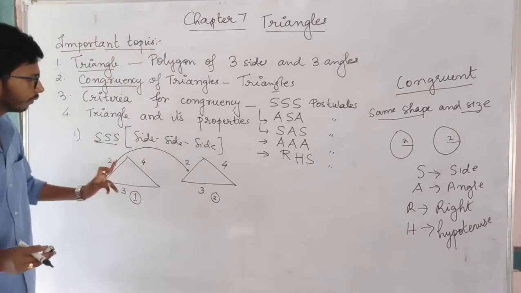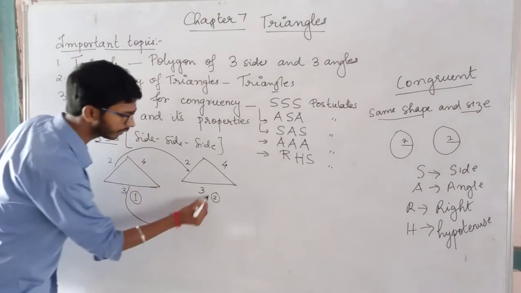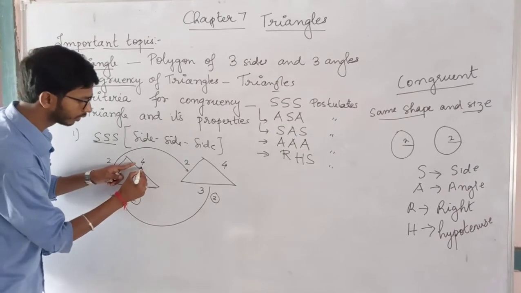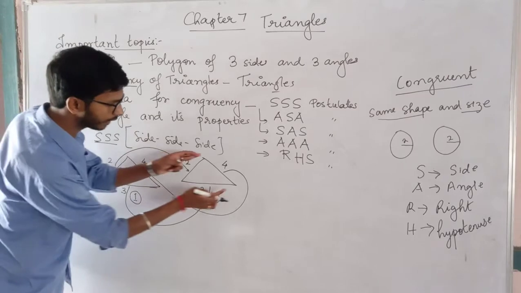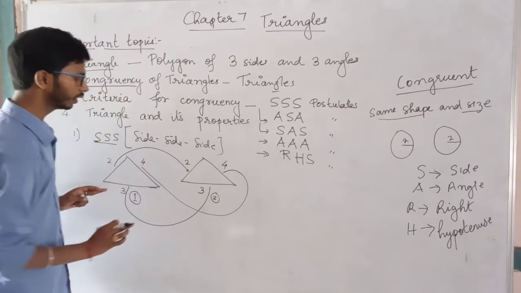Both the values are same. Similarly, corresponding to this 3 is this 3. Now you can see both sides are equal. This 4 and this 4. That means this side and this side of both the two triangles are also same.